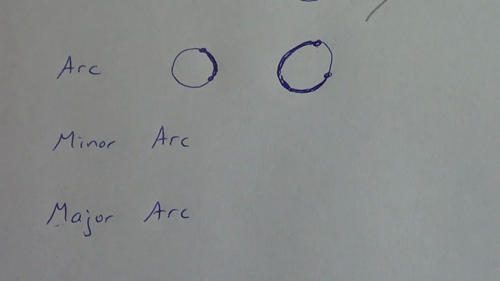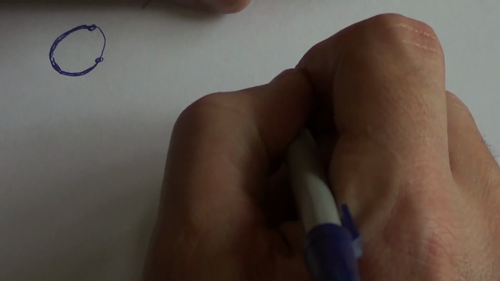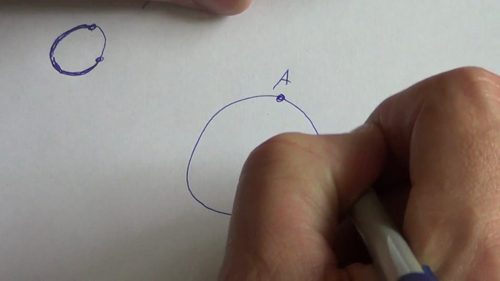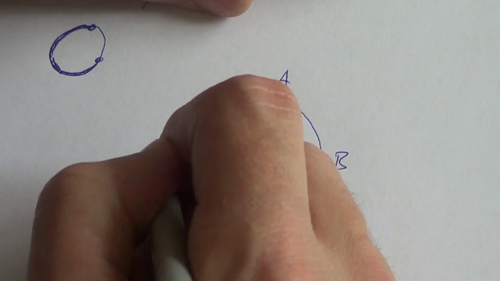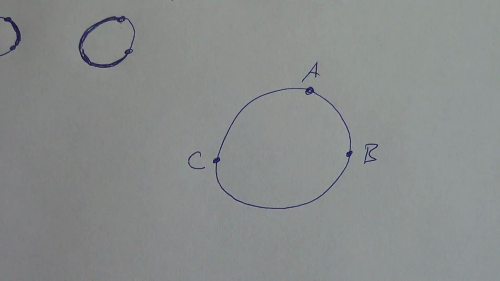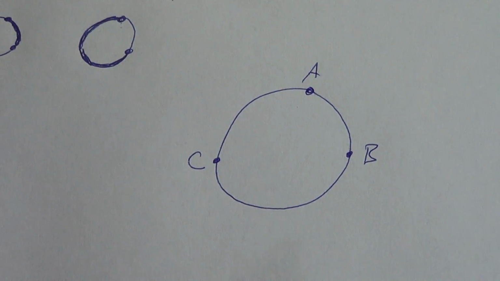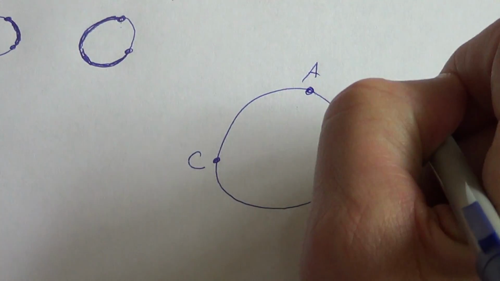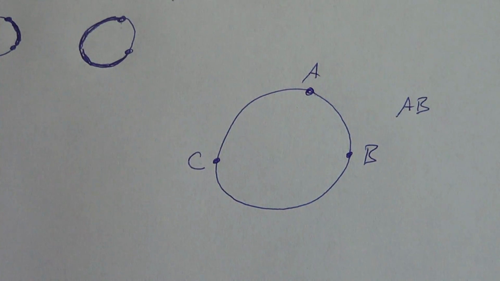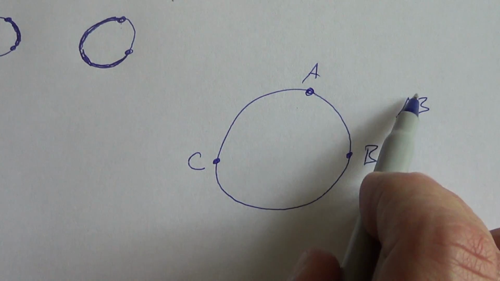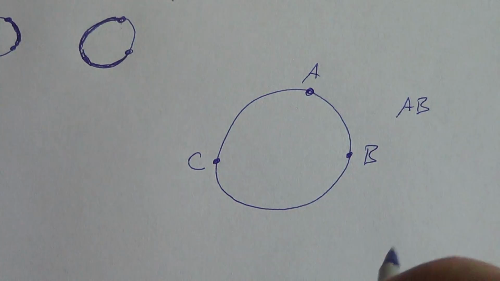Now, how do we name them? Let me draw a better circle over here with some letters on it. So we got A, B, maybe C over here. If I want to just talk about this arc right here, that's a minor arc. The way we would name that is we would write the letters A and B. We're going to start at A and stop at B. But we can't draw a straight thing over it because that's a segment, and we can't put arrows because that's lines or rays depending on how many arrows we use.